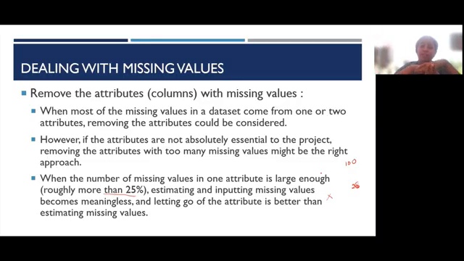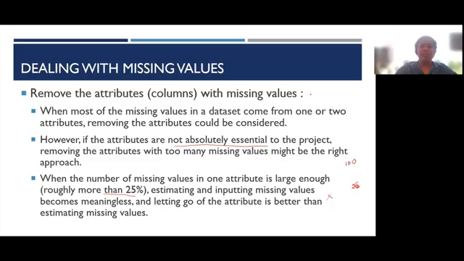However, you have to make sure that it is not absolutely essential. Let's say there is a column, but it is the main variable which is affecting what you are trying to predict, right? Is it clear?